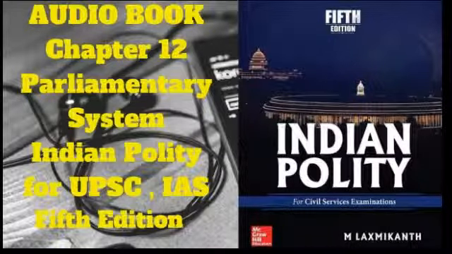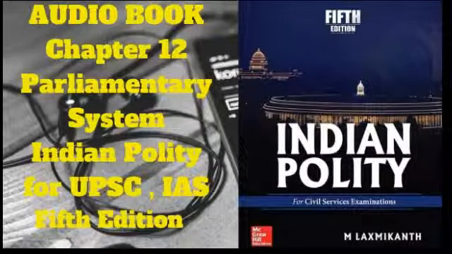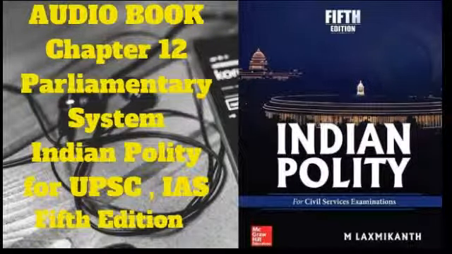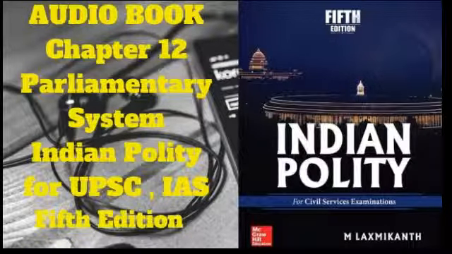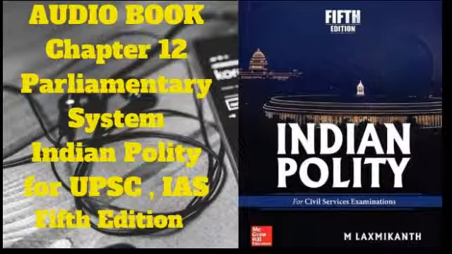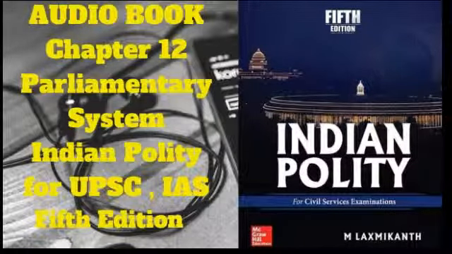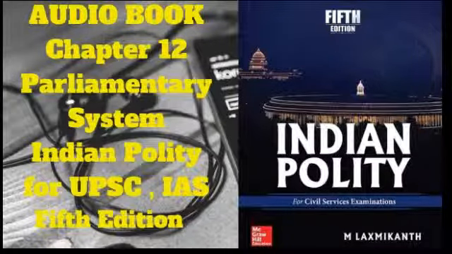The American system gives more stability but less responsibility. The British system, on the other hand, gives more responsibility but less stability. The draft constitution, in recommending the parliamentary system of executive, has preferred more responsibility to more stability.